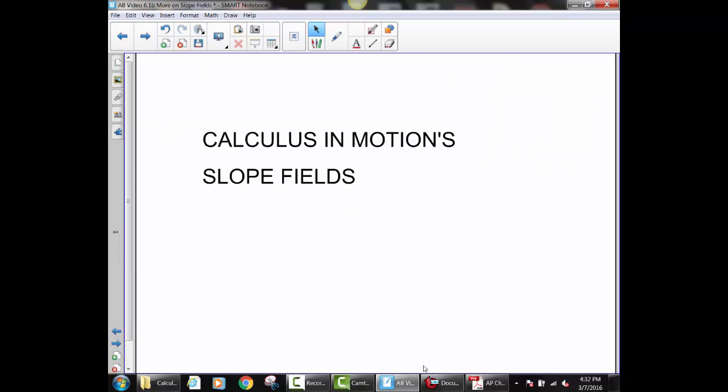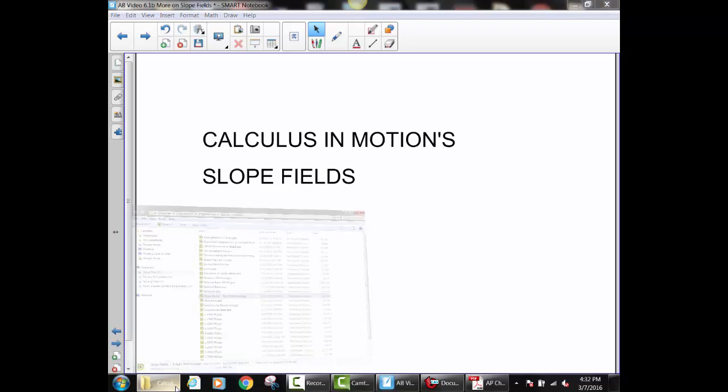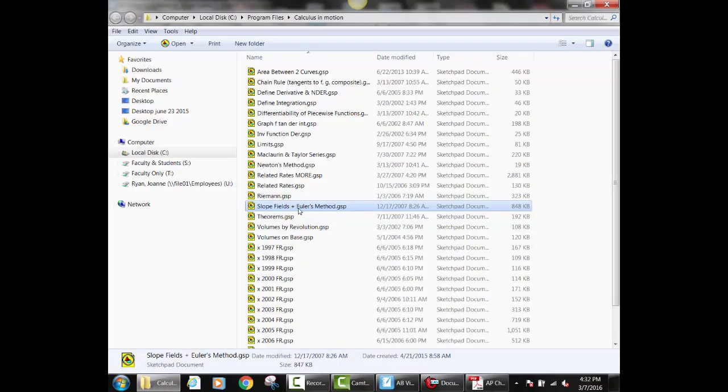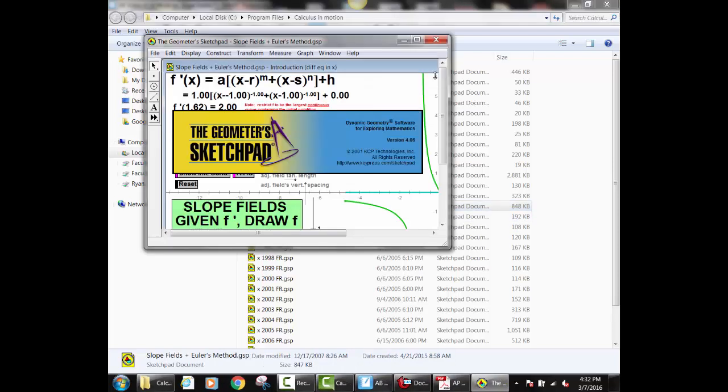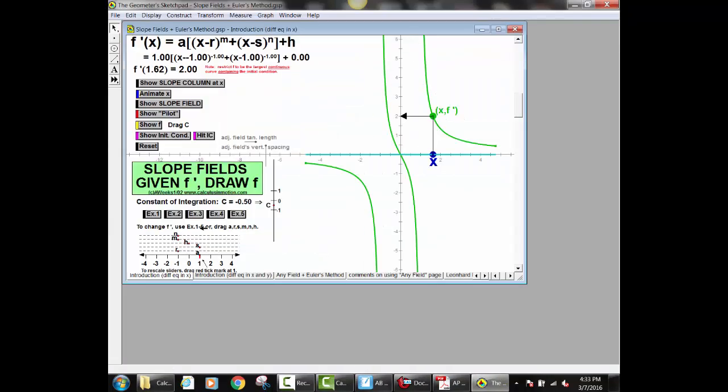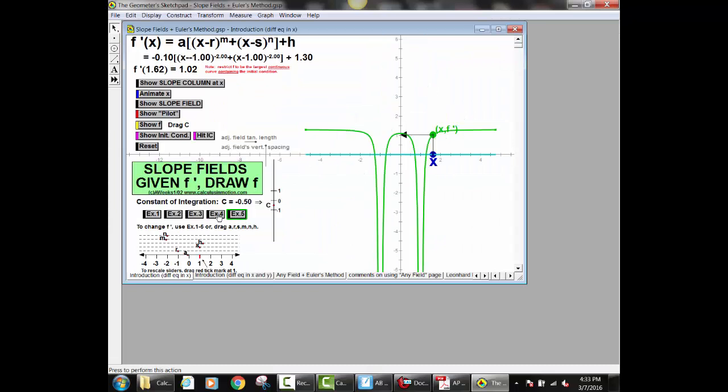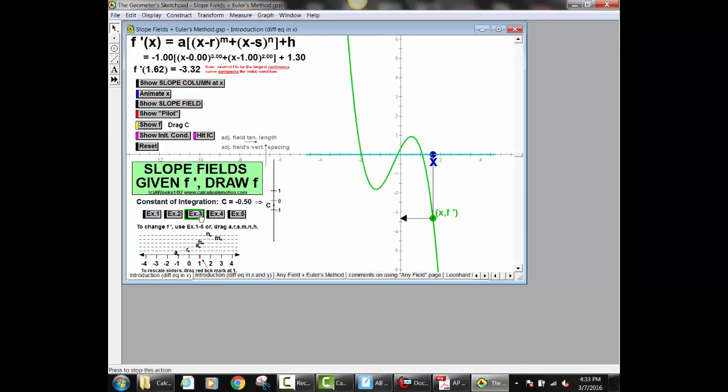Okay, so I'm going to look at calculus in motion now, their slope fields, just so you can see how this looks. Okay, so these are random graphs. I don't know which graph I really want to use. Let's use this graph. Okay, so they're going to show a slope column at x. So at this point x, these would be all the slopes for this particular equation.